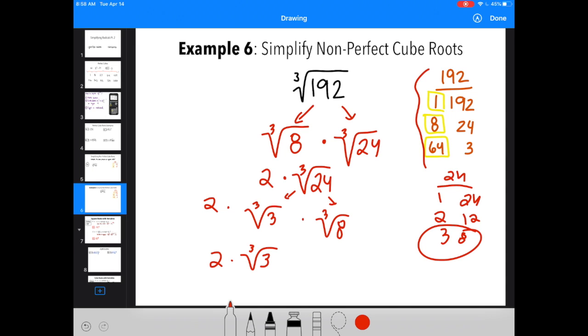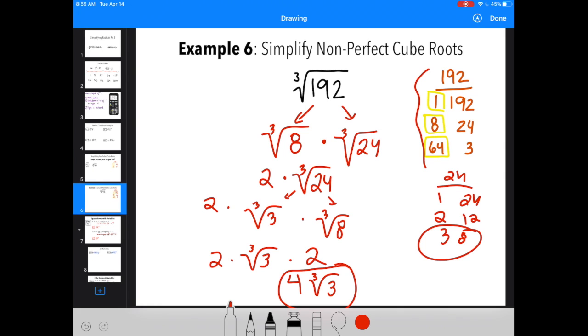I get cube root of 3 multiplied by 2, since the cube root of 8 is 2. My final step is to multiply those 2 to give me 4 cube root 3. My same answer. So you can choose a different cube that may not be the largest. However, you have to go through an additional step to simplify. So it's less work for you to choose the largest one.